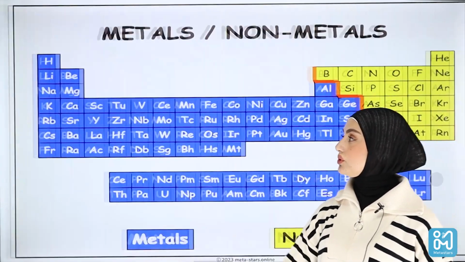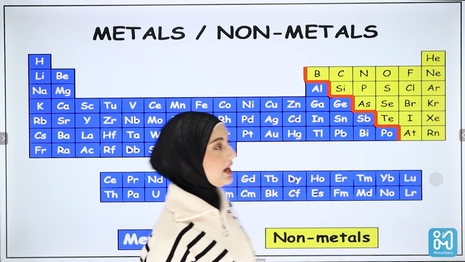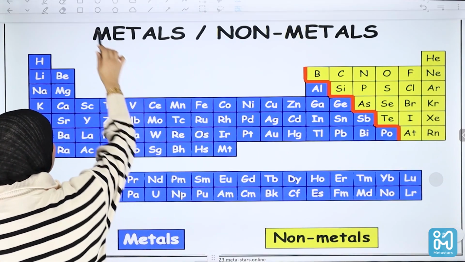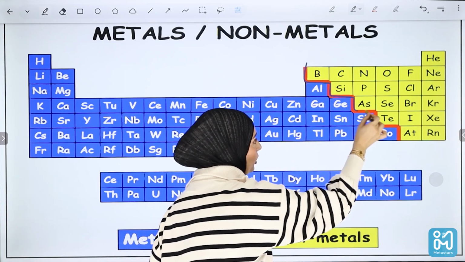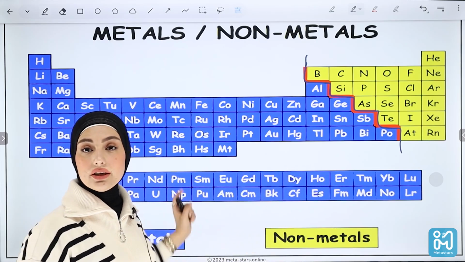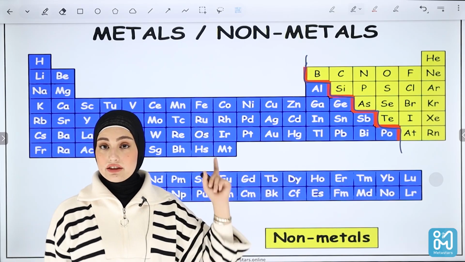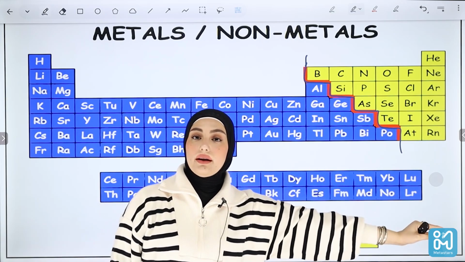So what is the difference between metal and non-metal? As you know, in the periodic table, we have a zigzag line. This line separates the periodic table into two categories. The first are the metals and the second are the non-metals.